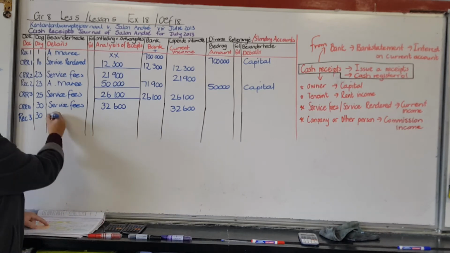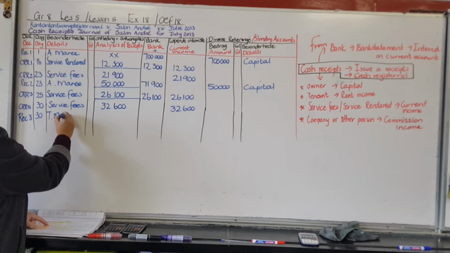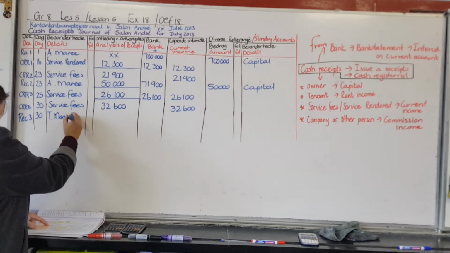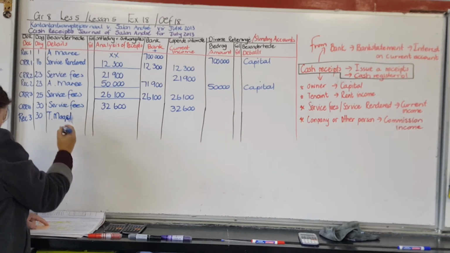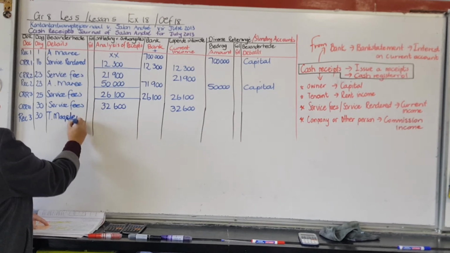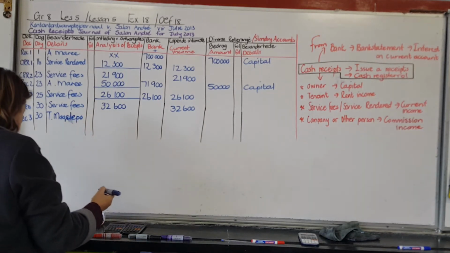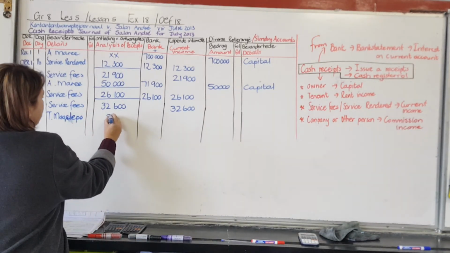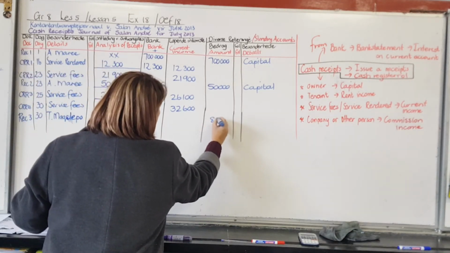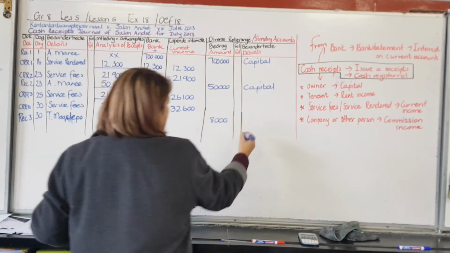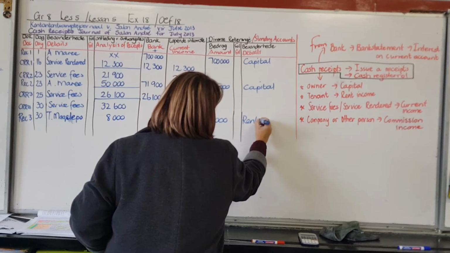Alright, so I'm just going to write it nicely. Lepo. Okay, and you've received 8,000 Rand from him, and that's going to be in your sundry accounts, 8,000 Rand rent income.